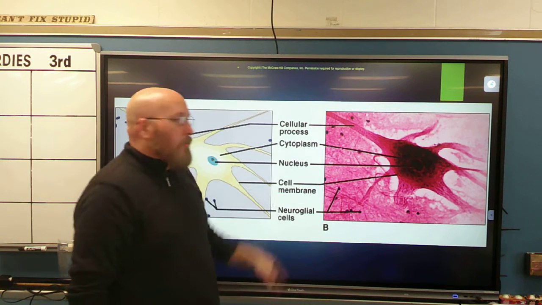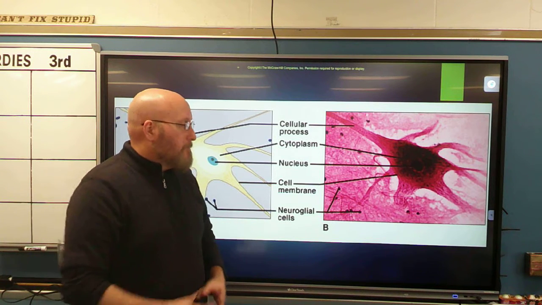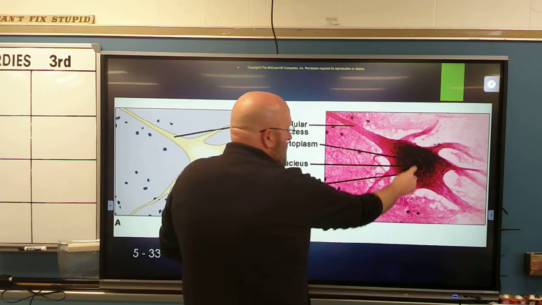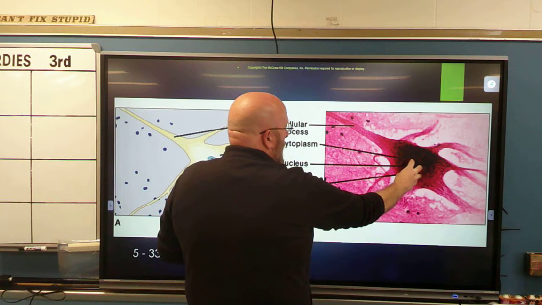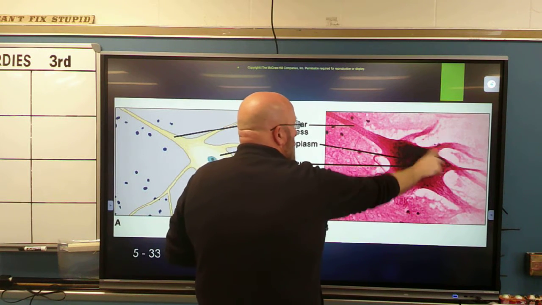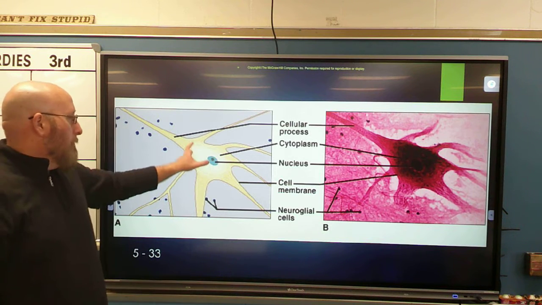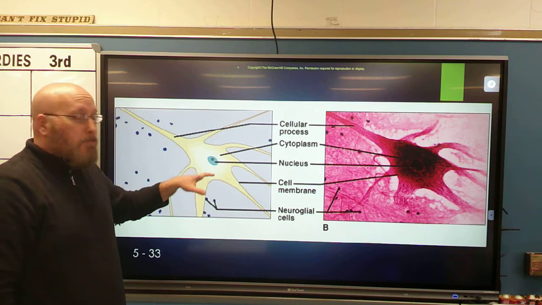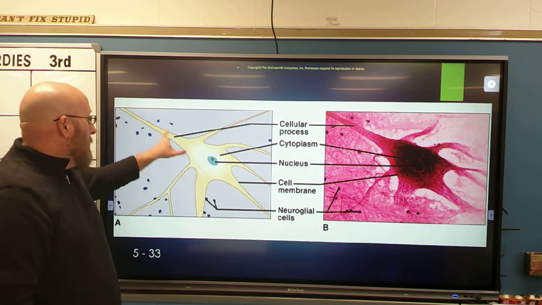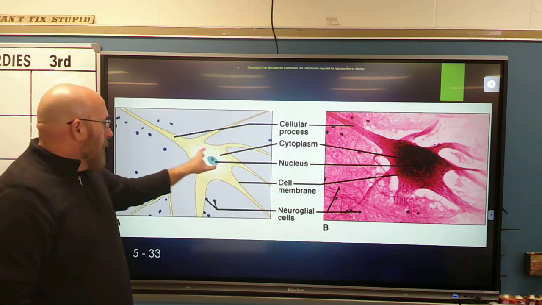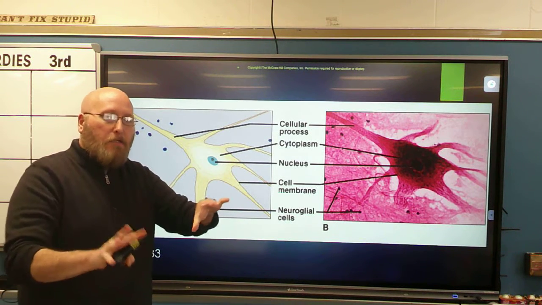This is a neuron. This is a nerve cell. Okay? You got a nucleus in the center, you got the cell body, and you got all these little extensions coming off of it. This is a neuron. Okay? Again, there's some greater detail in that, which we'll get to a little bit later, but not right now. But these processes that come off, so it looks like something splattered, doesn't it?